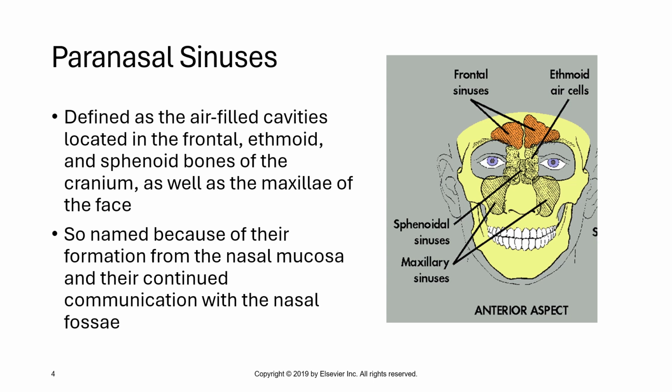So they are the air-filled cavities, and they're located in the frontal bones, the ethmoid bones, the sphenoid bone, and the maxillary bones. Now the nice thing is the names of the sinuses correspond to the names of the bones that they're found in. So we have frontal, ethmoid, sphenoid, and maxillary. Those are also the names of the sinuses.